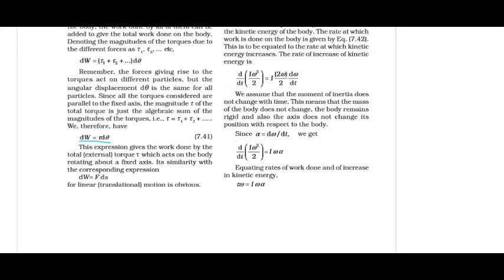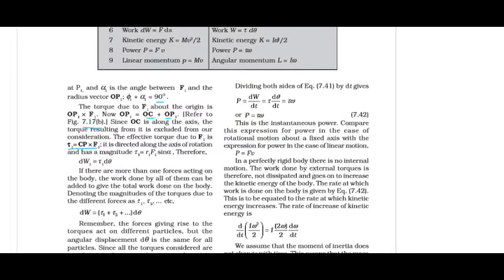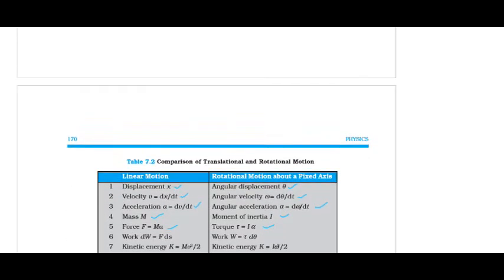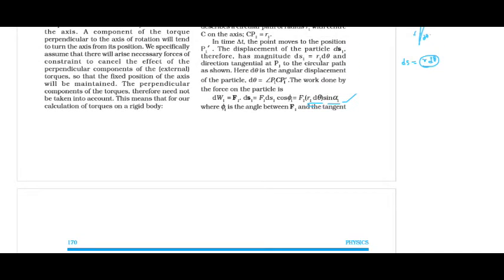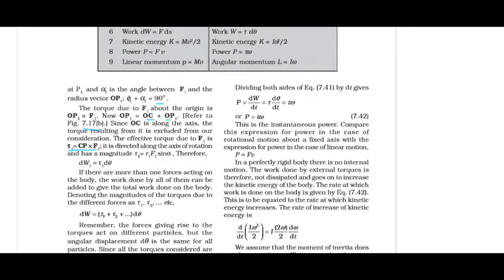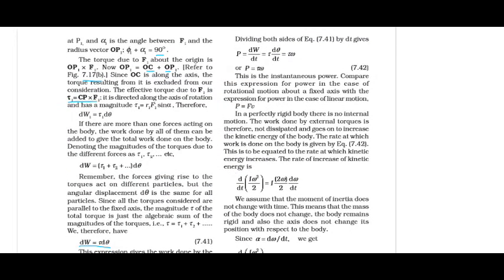Now, dividing both sides of equation 7.41 by dt, it gives P is equal to dW by dt, which is tau d theta by dt.